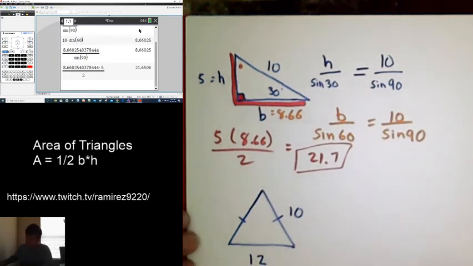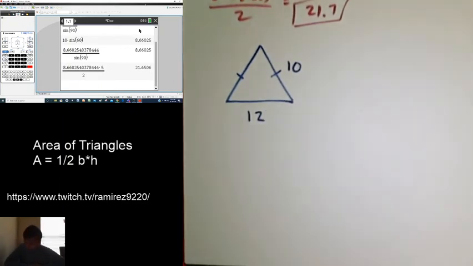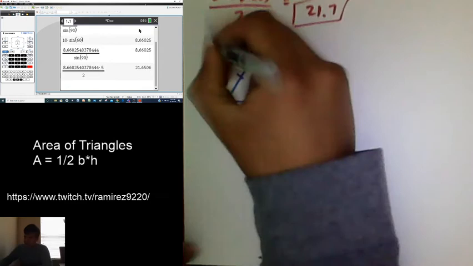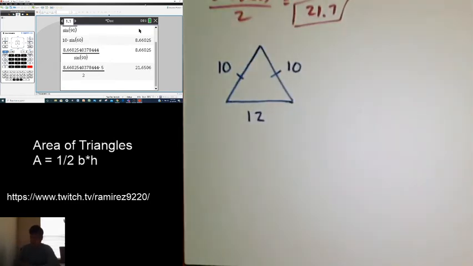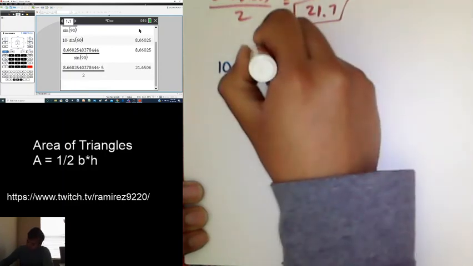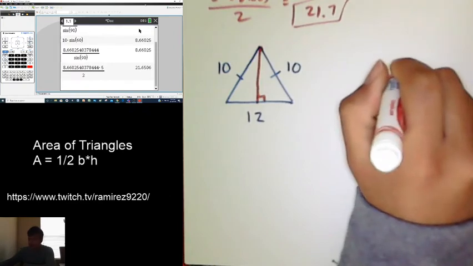All right, next up, we have an isosceles triangle. So in my isosceles triangle here, I know that if that's 10, this obviously has to be 10. Right off the bat, do you see any right angles? Nope, but you can draw your own. So I'm going to go ahead and draw this one right here, right down the middle, making it perpendicular.